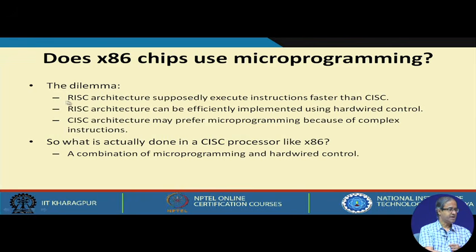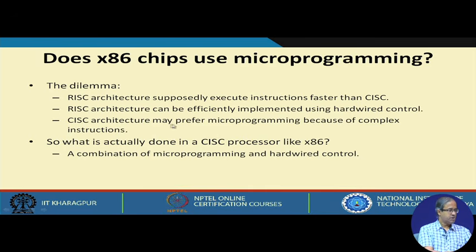So, the dilemma that I am talking about is that RISC architectures execute instructions faster than CISC, but a RISC architecture can be efficiently implemented using hardware control. But in a CISC architecture, because some of the instructions are very complex, if you want to build a pipeline directly from there, the pipeline may become quite complex.